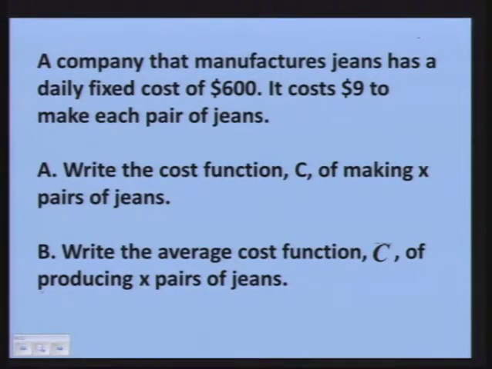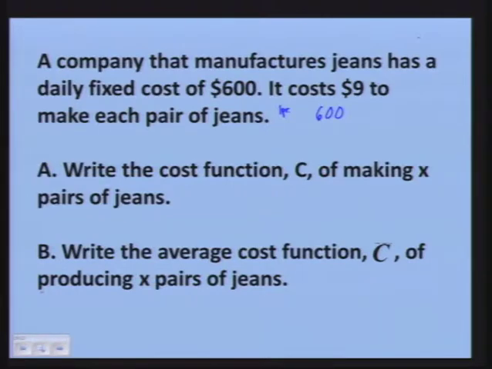A company that manufactures jeans has a daily fixed cost of $600, and it costs $9 to make each pair of jeans. Let's think a minute. What does that mean? If I make one pair of jeans, I have to pay my $600 up front for no telling what, for rent, for heat and cooling, maybe for employees.